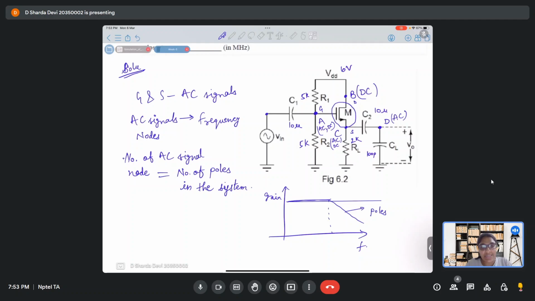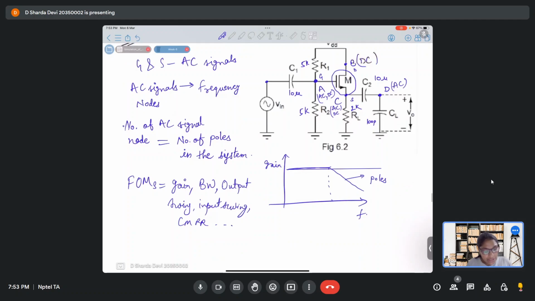As I mentioned in the very beginning of the classes, the figures of merit are gain, bandwidth, output swing, input swing, CMRR, and stuff like that. These are known as figures of merit for a given circuit.